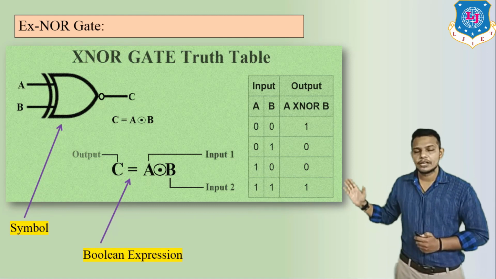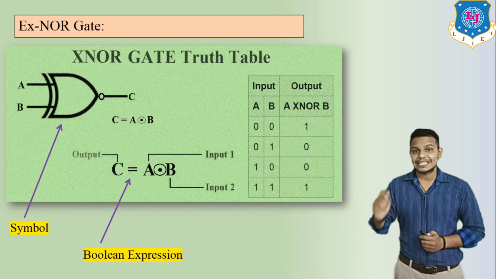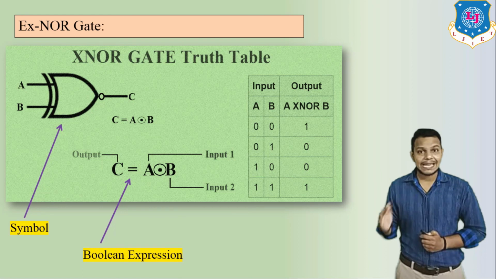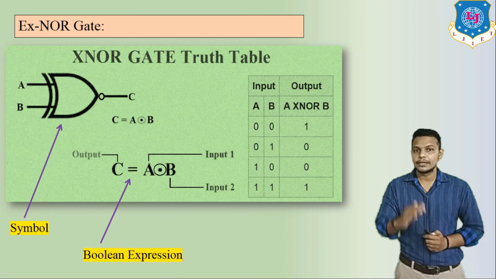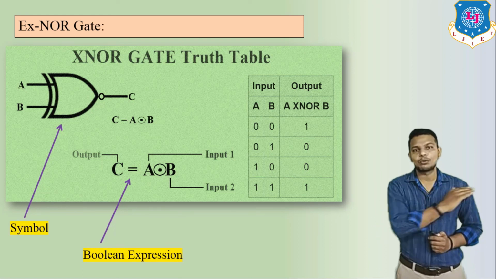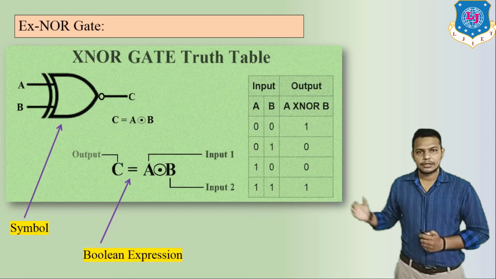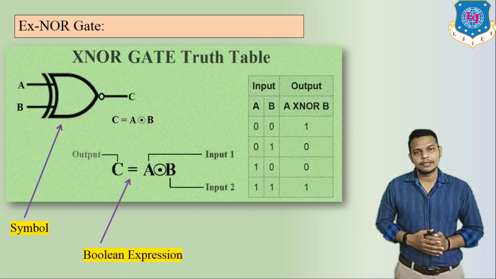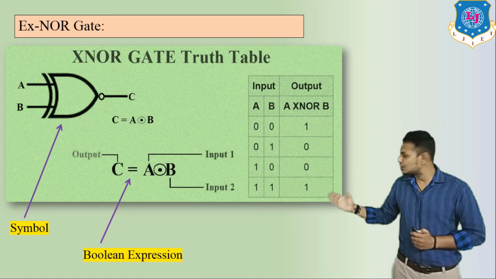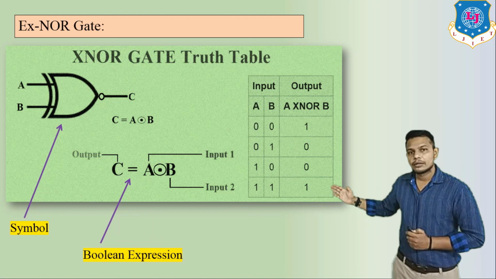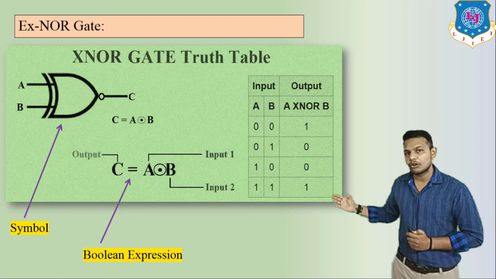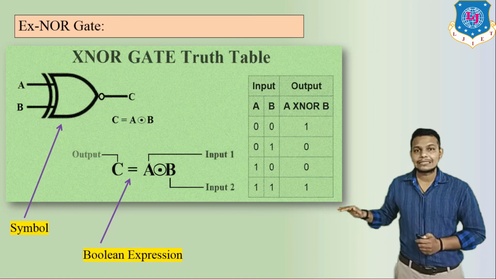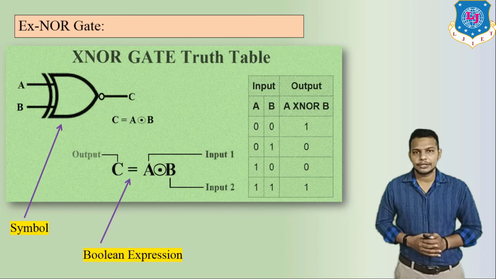If your input is 0 1, then your output will be 0. If your input is 1 and 0, then your output will be 0. If A and B both are equal to 1, then your output will be 1. So this is the exclusive NOR gate.